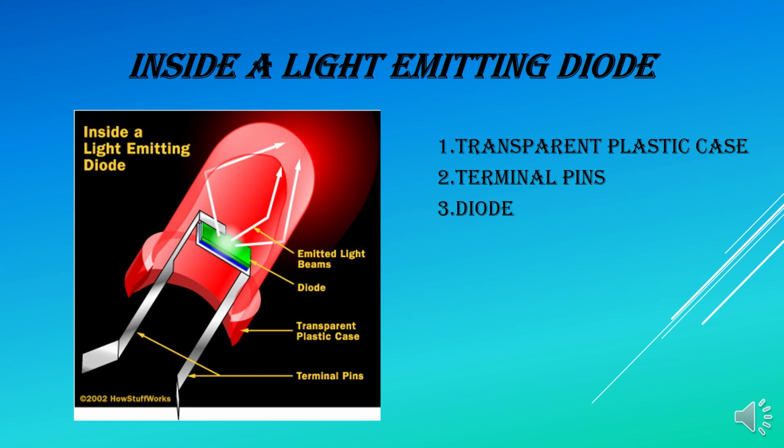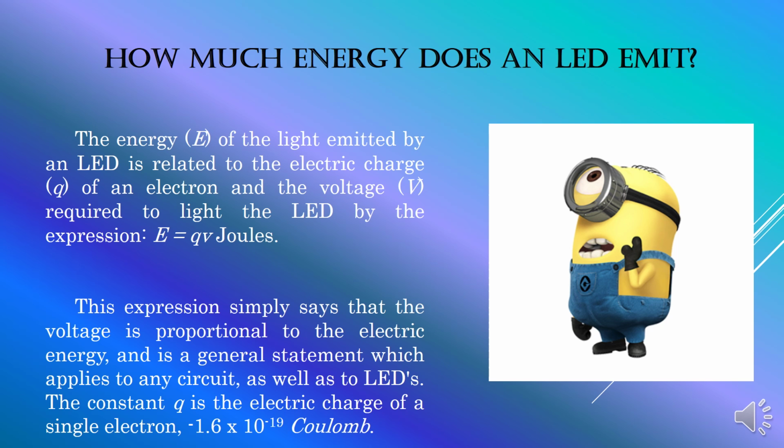As we can see in the figure, a light emitting diode consists of a transparent plastic case, terminal pins, and a diode. Now the question arises: how much energy does an LED emit? The energy of light emitted by an LED is related to the electric charge of an electron and the voltage required to light the LED by the expression E = QV.